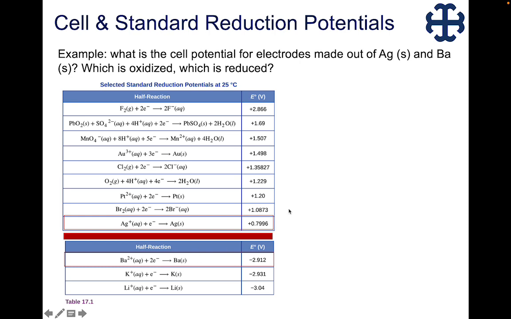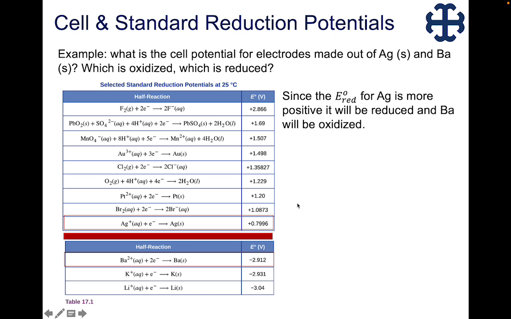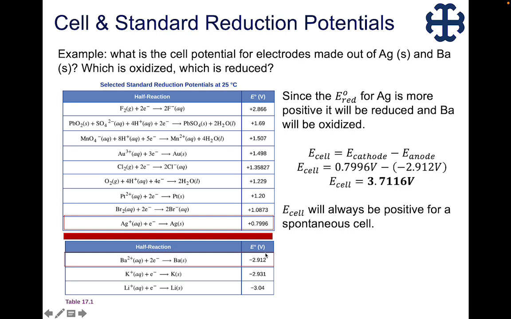And so basically the way we would solve this is that because silver is more positive, meaning more favorable for reduction, barium is going to be the thing that is oxidized. So the more negative thing is going to be oxidized.